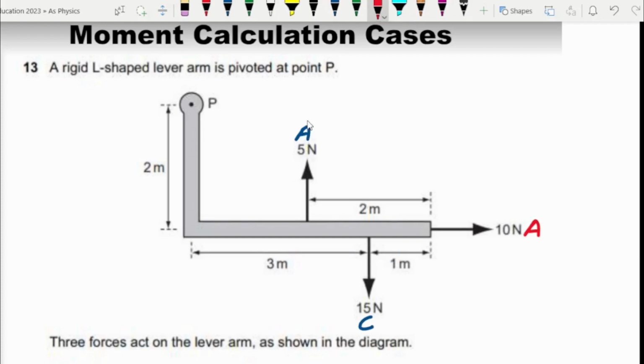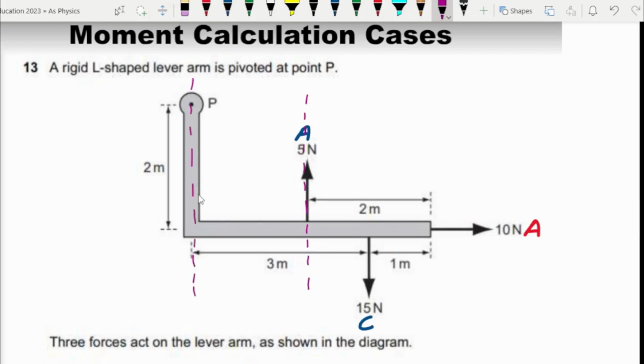So let us find the moment produced by this force. ये किसके इक्वल होगा आपका? ये इक्वल होगा force times the perpendicular distance between the line of action of this force and the pivot. So this is your line of action of force and this is your pivot.